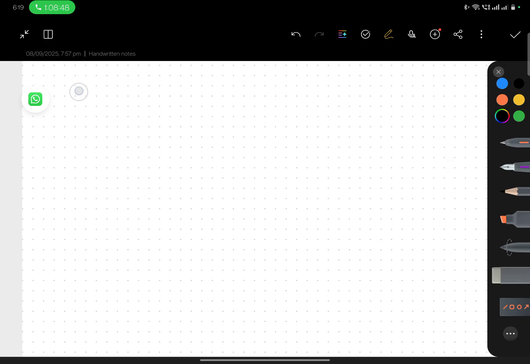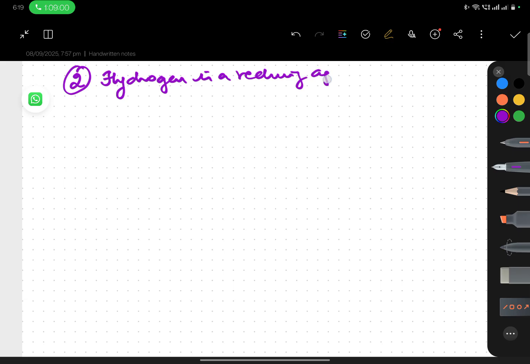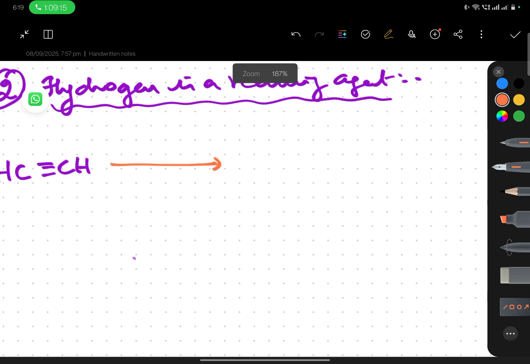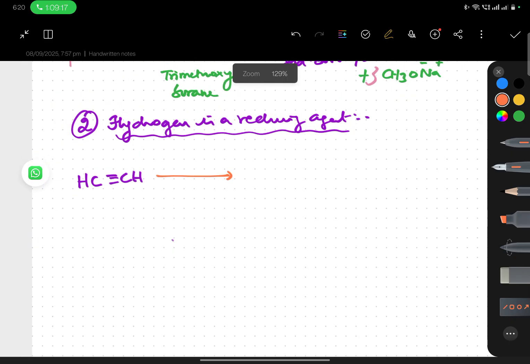Now I told you that second reaction, we know that hydrogen is a reducing agent. So being a reducing agent will oxidize the neighbor. So you take acetylene, just treat it with nickel in presence of hydrogen.